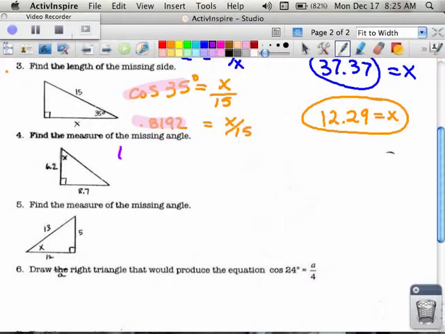tangent. So the tangent of my angle, which they called x, is equal to the opposite side, 8.7, divided by the adjacent side, which was 6.2.